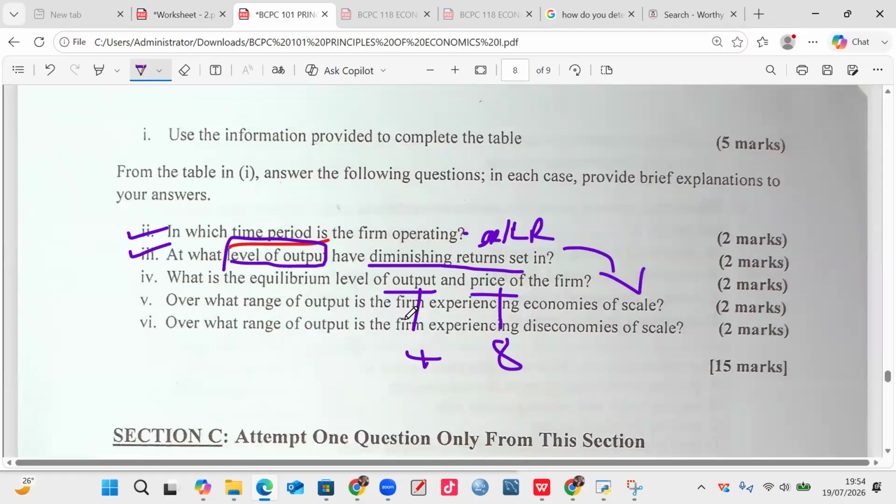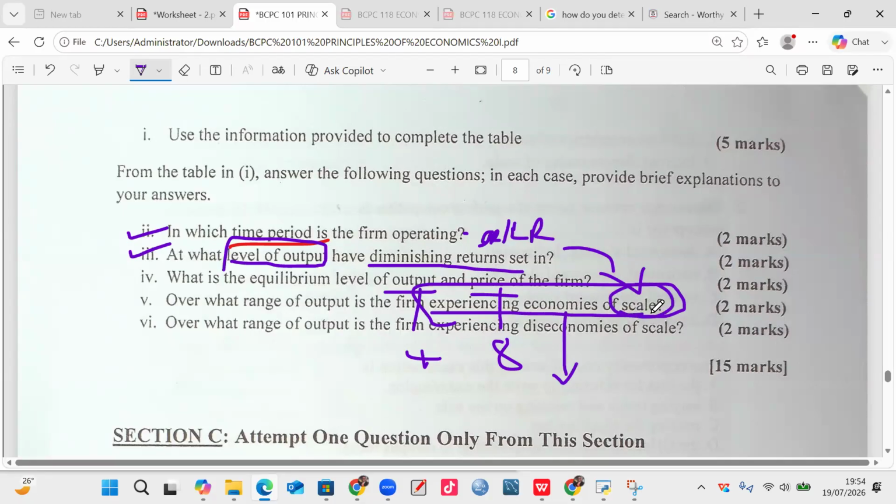Now, over what range of output is the firm experiencing economies of scale? When we say economies of scale, it means how many units the business can produce; the business will have to reduce its costs to produce a large number of products.